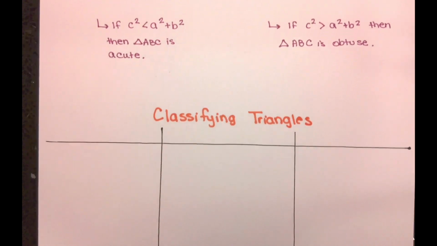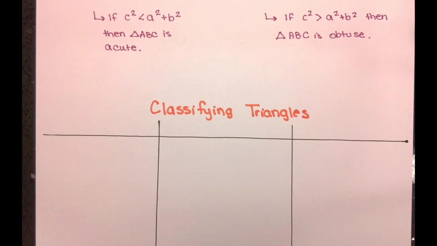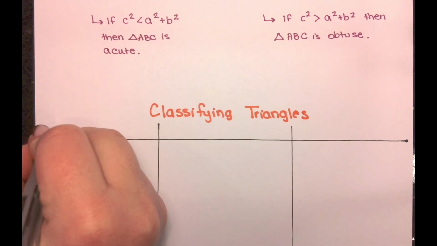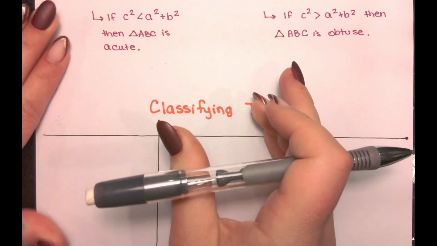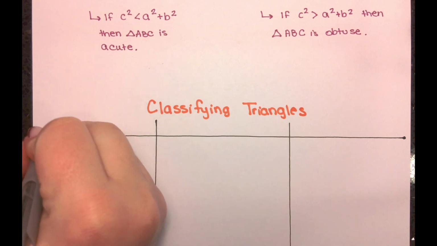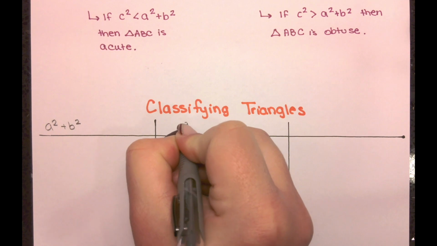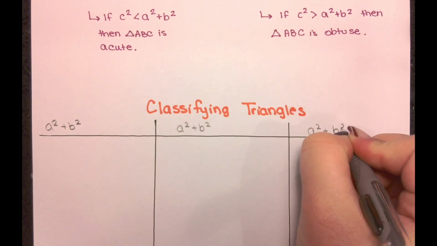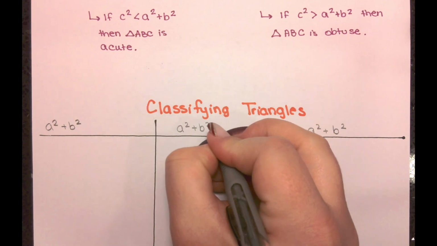Okay, how do we classify triangles? So we're going to have three formulas. So if we have c squared, I'm going to change up these formulas a little bit because we're so used to doing a squared plus b squared equals c squared. So a squared plus b squared, that part won't change. What will change is the symbols.